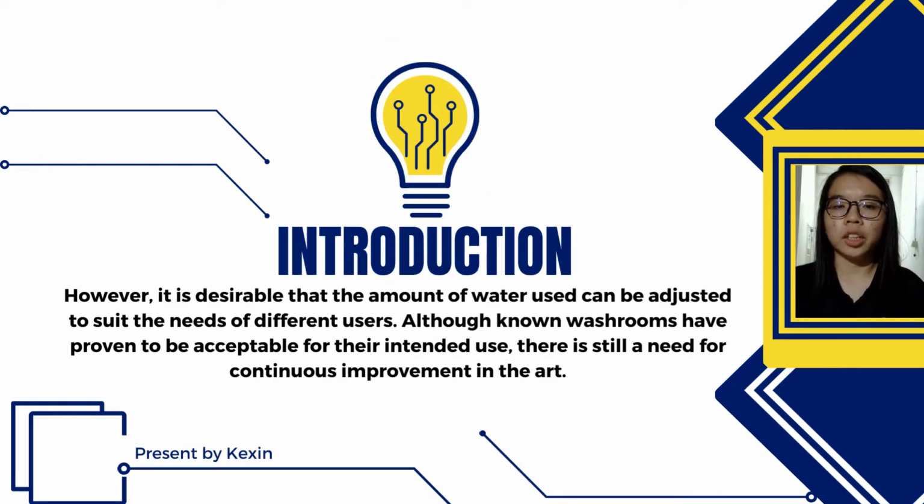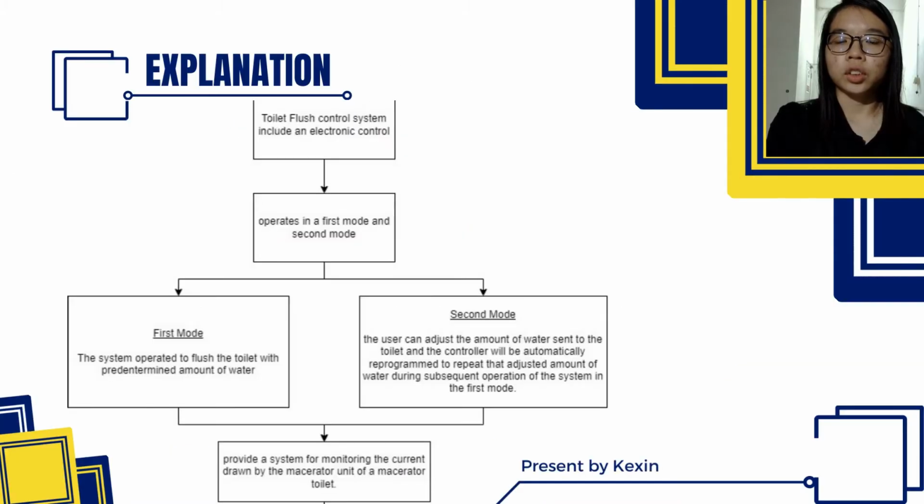However, it is desirable that the amount of water used can be adjusted to suit the needs of different users. Although washrooms have proven to be acceptable for their intended use, there is still a need for continuous improvement in the art. The toilet flush control system includes an electronic control and operates in a first mode and a second mode.